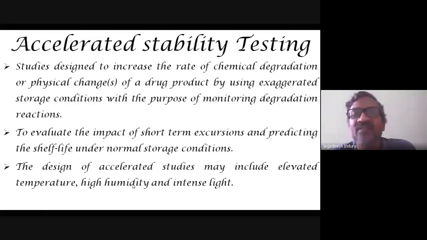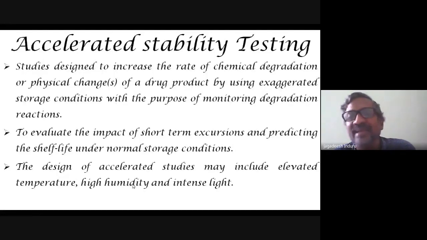Once you launch after 6 months, you can study the long-term till your shelf life, whether it is 2 years or 5 years, you keep on doing it without stopping, and you supply the data to us. If any problem is there during the journey of a batch, then you withdraw your product from the market, and you can sell your product, no problem, if it does not have any problem.